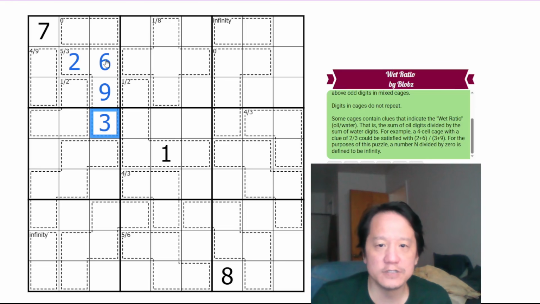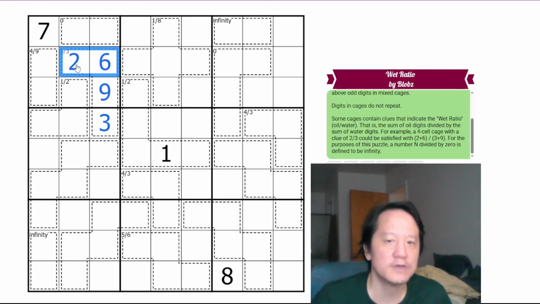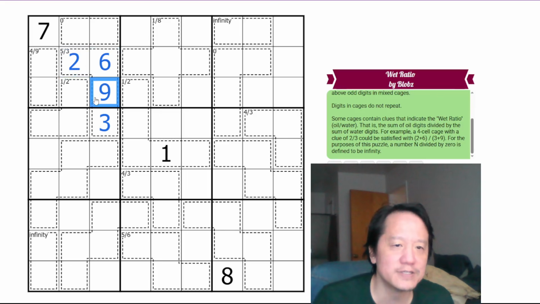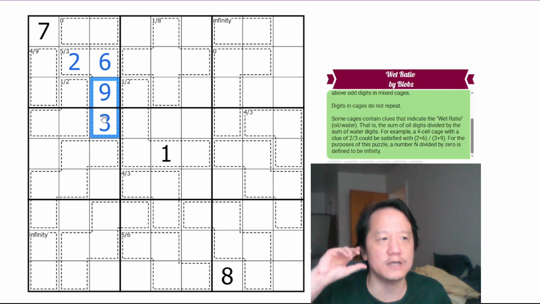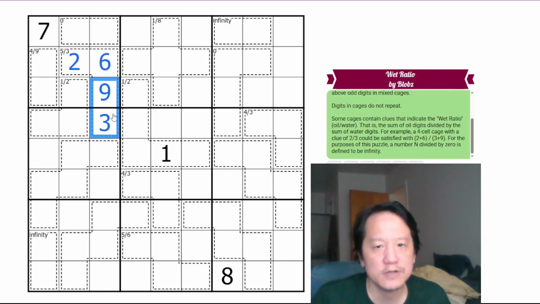Because 2 plus 6 adds up to 8, which is the oil count, and 3 plus 9 adds up to 12, which is the water count. So oil divided by water would be 8 divided by 12, which would be 2/3.